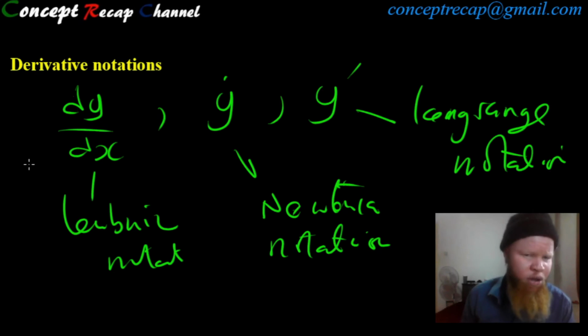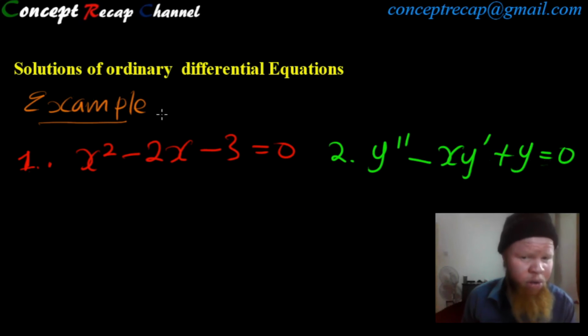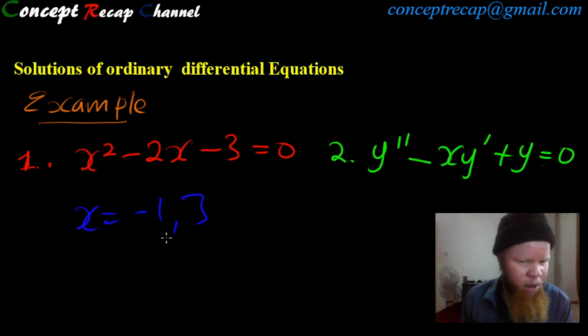Now let's just look at the solutions of ordinary differential equations. I have given these two examples. When you used to solve a quadratic equation like this, what were you doing? For example, if you solve this by the factorization method, you find that x is equal to -1 and 3.